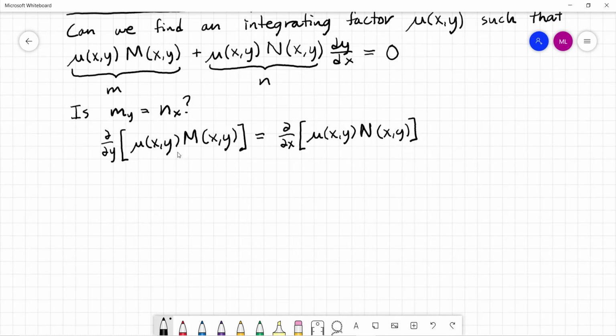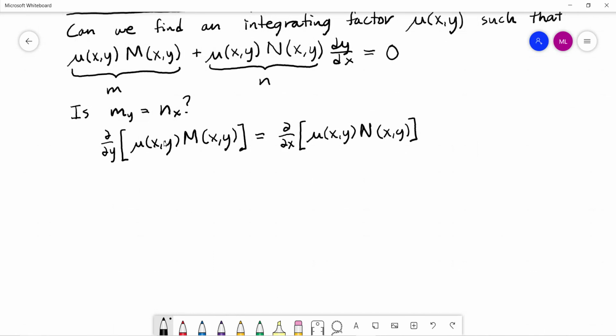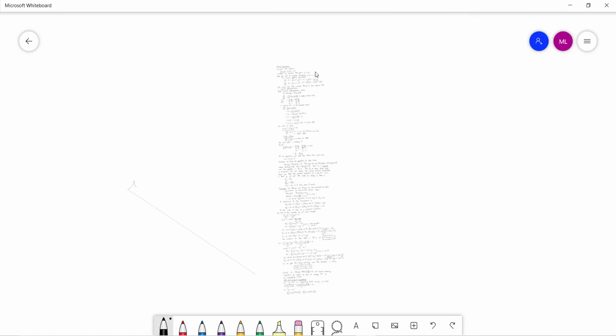So when I do product rule over here, I'm going to get first times the derivative of the second, and I'm going to stop dropping the parentheses x, y's. Just know that mu, M, and N all depend on both x and y, but this will make things a little bit cleaner. So let's take our y derivatives over here. That means by product rule, we're going to have first times the derivative of the second.